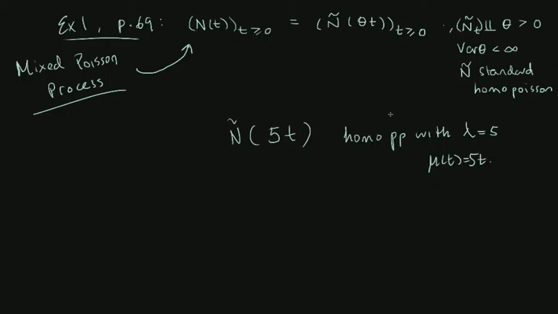Now the thing is, whenever I look at a homogeneous Poisson process, the number of the intensity tells me how many claims I can expect to arrive inside 1 time unit. So if the intensity is 5, I expect 5 claims to arrive in 1 year. Maybe 2 will arrive, maybe 10 will arrive, but on average I expect 5 claims to arrive per year.